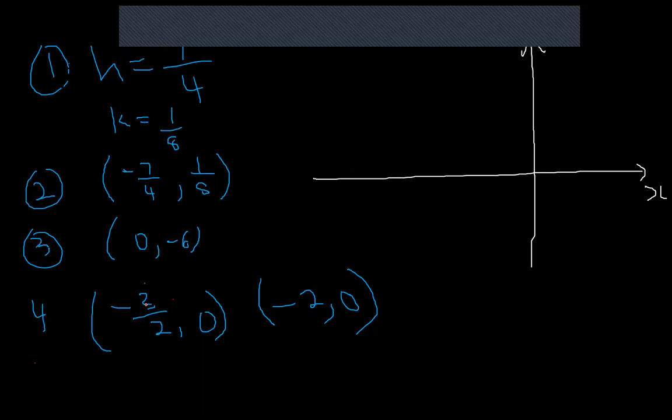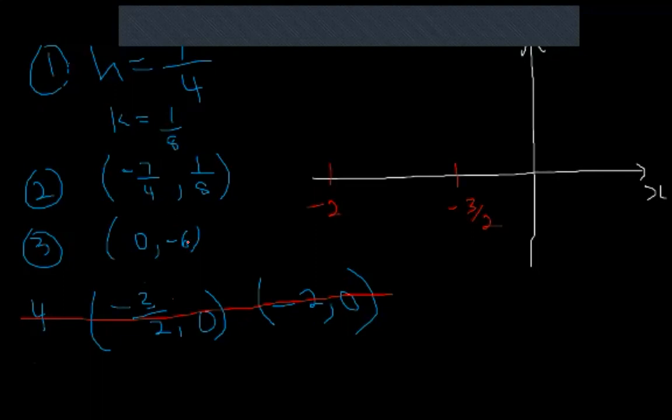So my roots are minus 3 on 2, 0, and minus 2, 0. Let me just say this right here is minus 3 on 2, and this here is minus 2. So I already plotted this.